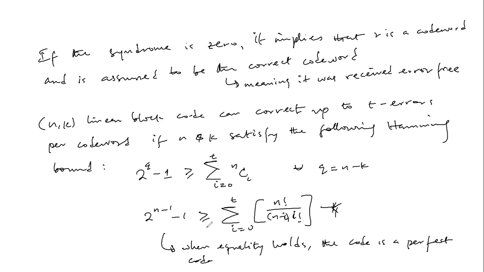And note that the Hamming bound is necessary but not sufficient for the construction of T error correcting linear block codes. So let's look at a few examples and then we could call it a day.